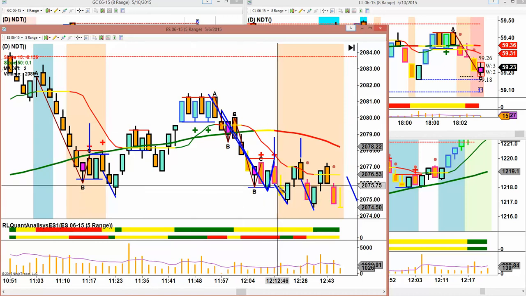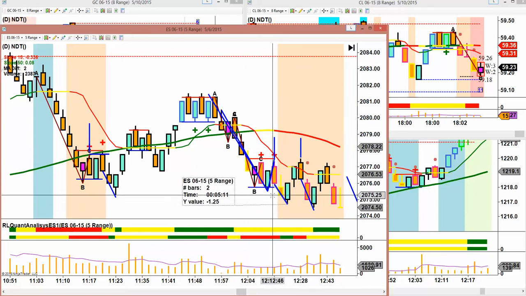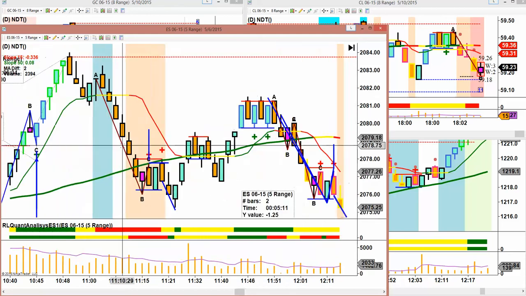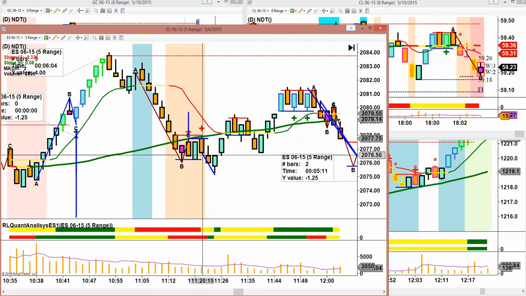The red and green crosses, I haven't really focused on them, but they really have more predictive power than you think. I'm going to go back and show you. If you see this trade, there's no cross, and you get ticked out of that trade by 1 tick. On this trade, you do have a cross.